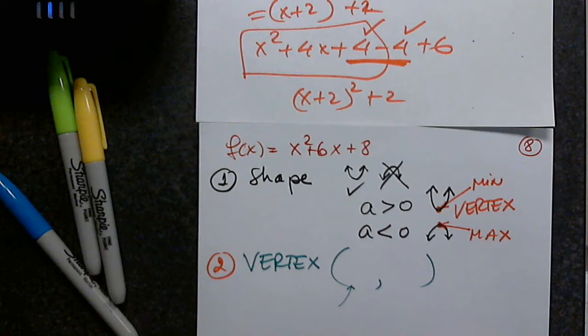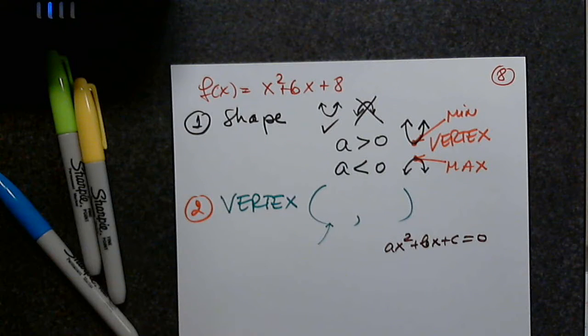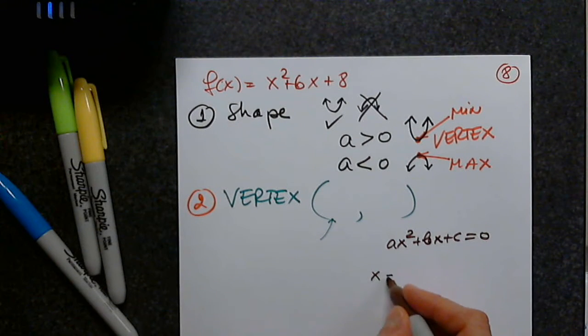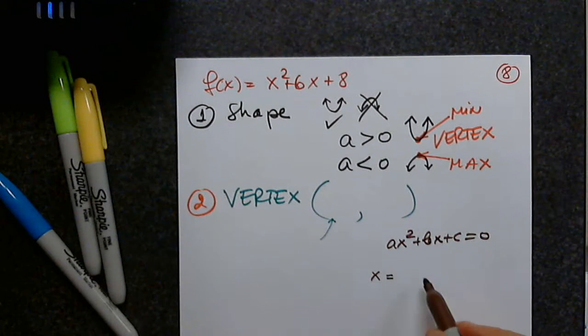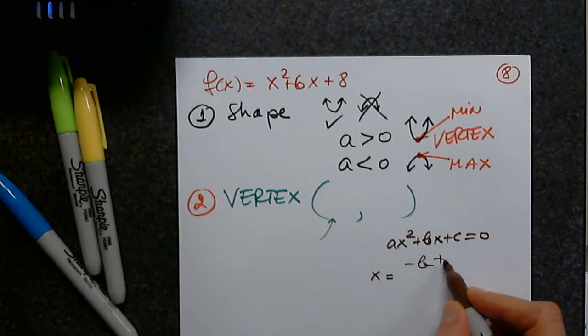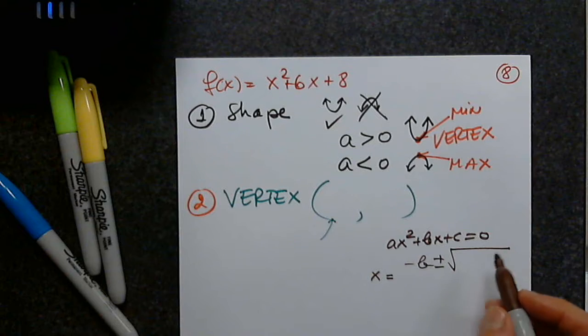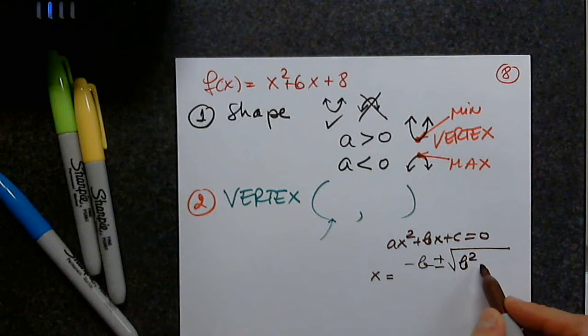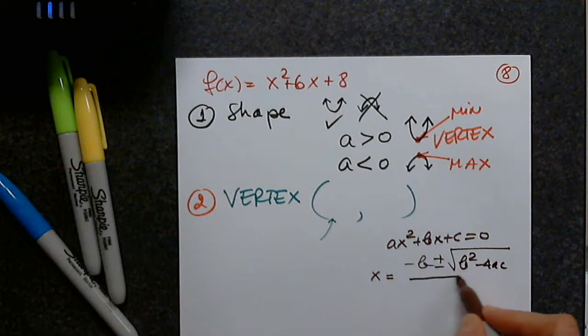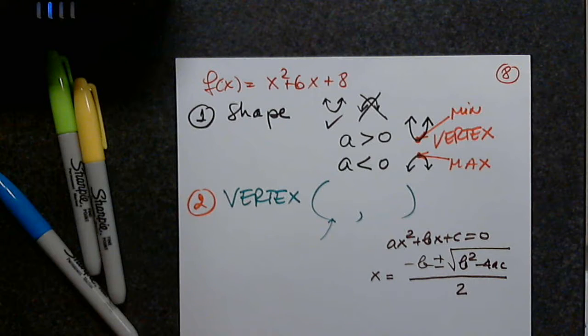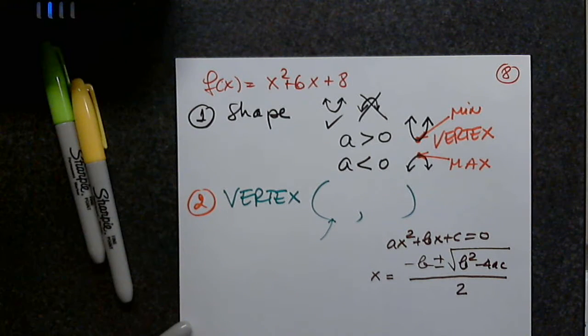Can anyone give us the quadratic formula for a x squared plus bx plus c equals 0? Can anyone dictate the quadratic formula? X equals negative b plus or minus the x coordinate of the vertex.